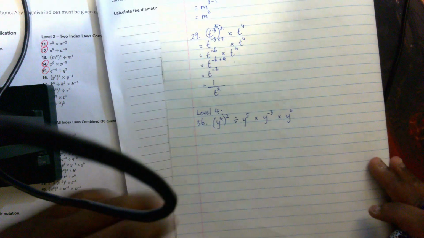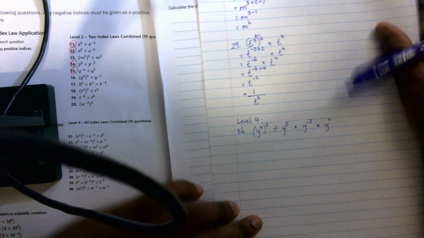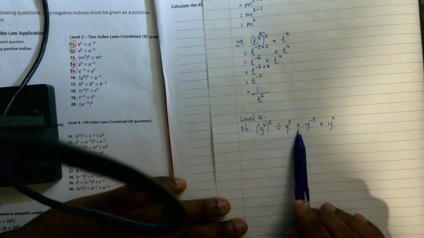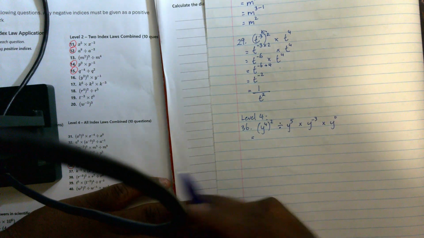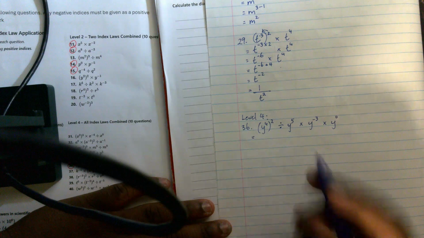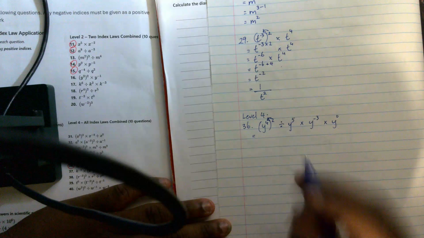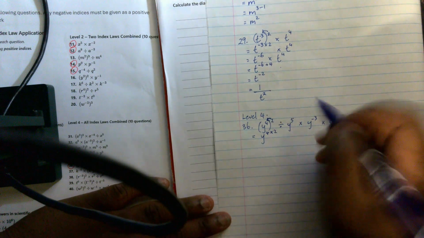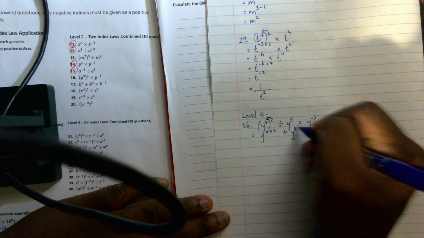At level 4, we are going to combine all the index laws we can. So we've got power of a power, divide powers, multiply powers, power of 0. So first step, just like before, BODMAS says we gotta do the brackets. So I'm gonna take that 2 multiplied by the inside power. So y to the 4th times 2. The rest of this we haven't touched. I'm gonna write it down.